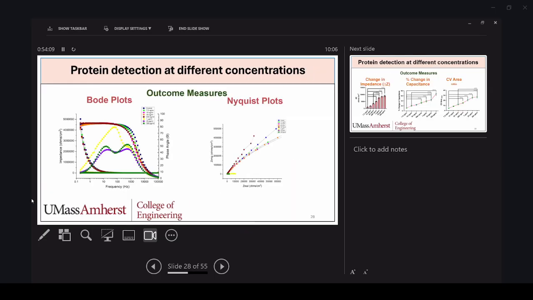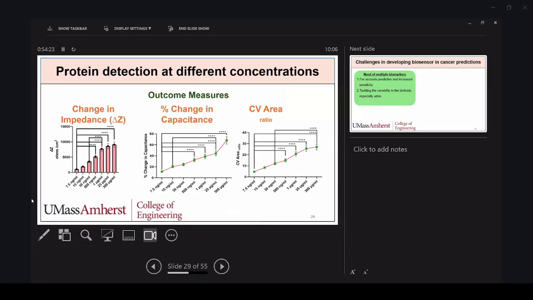So this is how it exactly looks. The Bode plot and Nyquist plot for the concentration dependent study, just as an example for you to see the changes in the response curve with concentration, the change in impedance, change in capacitance, and cyclic voltammetry area.